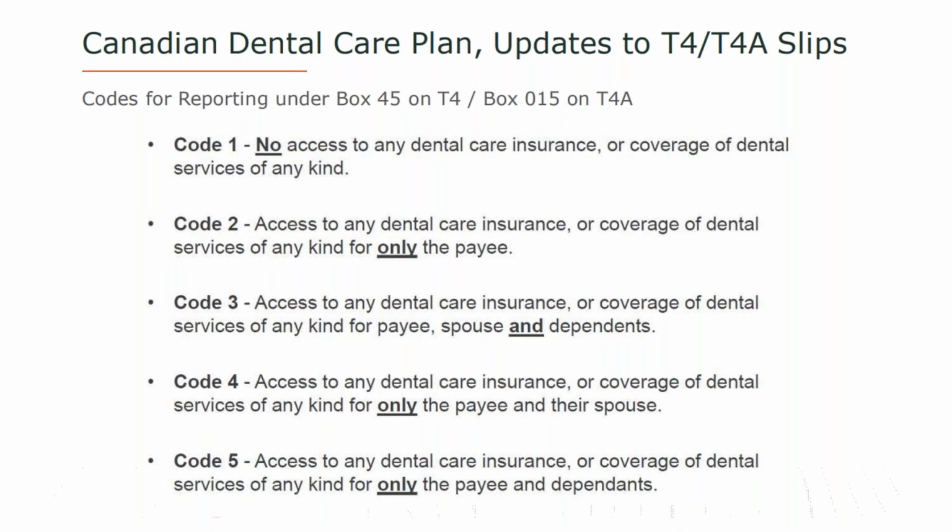Number 4 is access to dental care insurance or coverage of dental services of any kind for only payee and their spouse. And number 5 would be access to dental care insurance or coverage of dental for only the payee and dependents. So those will be the 5 codes that you would select from that will report on T4 box 45 or T4A box 015.